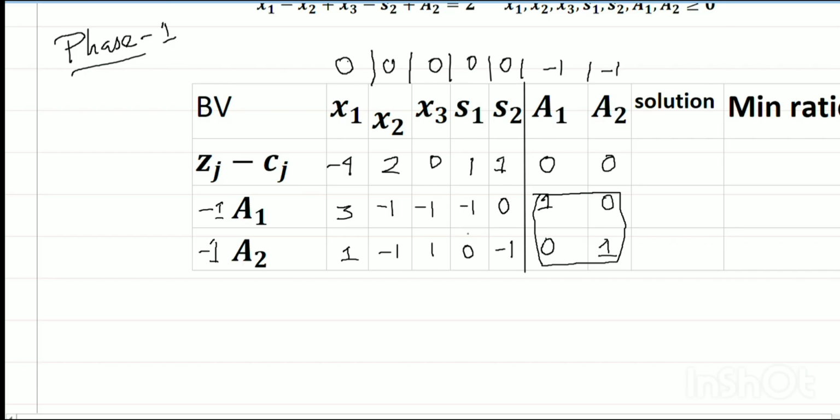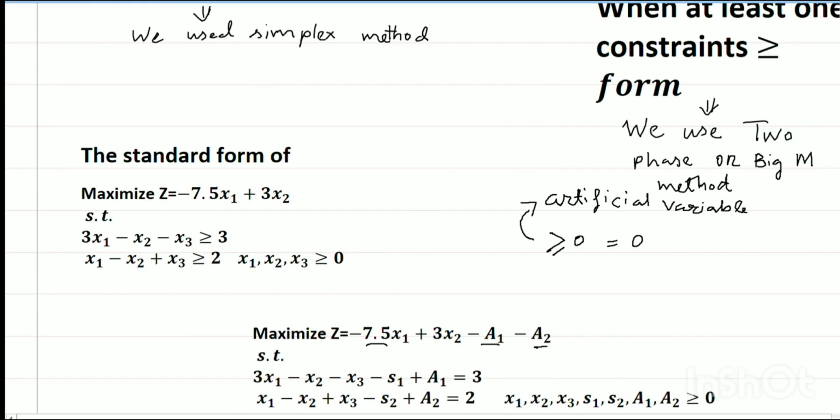Now I have to find the pivot element. This is my entering vector, the highest. I have already told you zj minus cj is less than equals to 0, so I can easily find this value. Now I have to find the min ratio. The solution is 3 and 2.